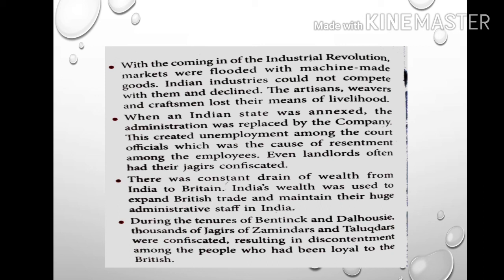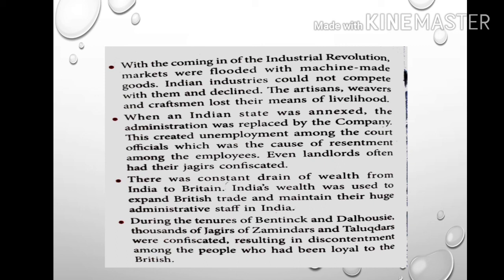During the tenure of Bentinck and Dalhousie, thousands of jagirs of zamindars and talukdars were confiscated, resulting in discontentment among the people who had been loyal to the British. Look, when the British came to India, in the initial stages, there were some states who favored the British. Later, the British deceived them also, who were initially loyal to them.